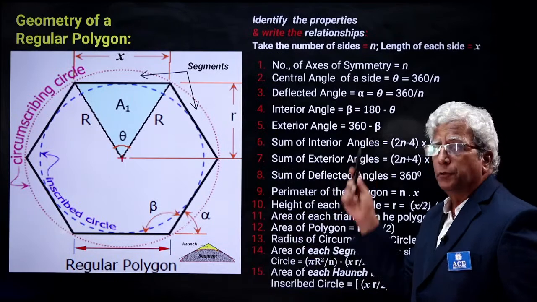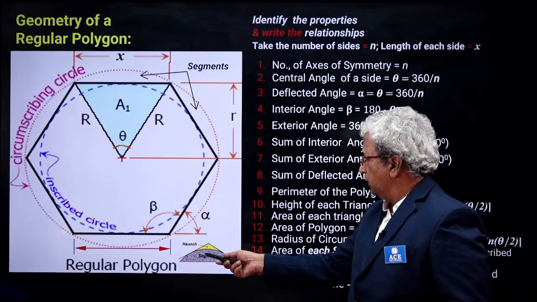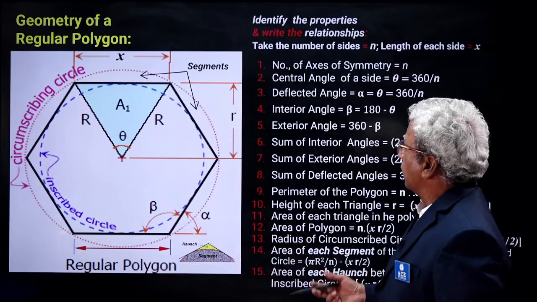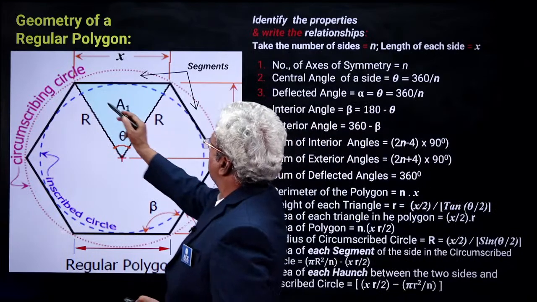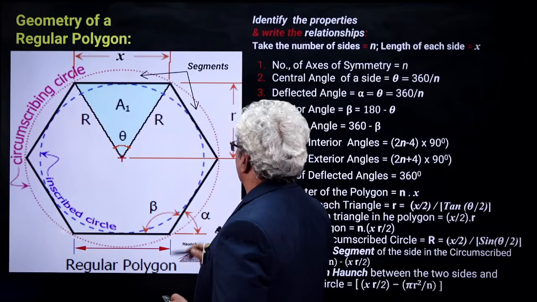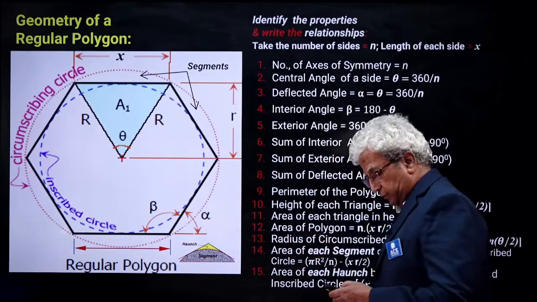This sketch I have added to let you know what is a haunch and what is a segment in general. But our haunch here is this haunch actually. That radius is different, and just for a better understanding I have provided that, okay?